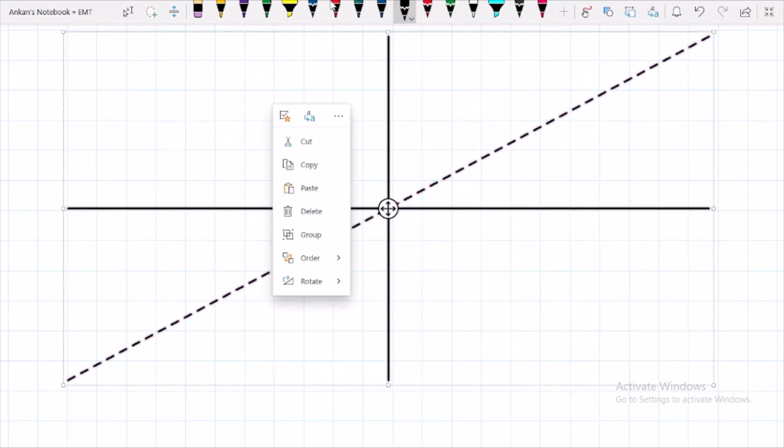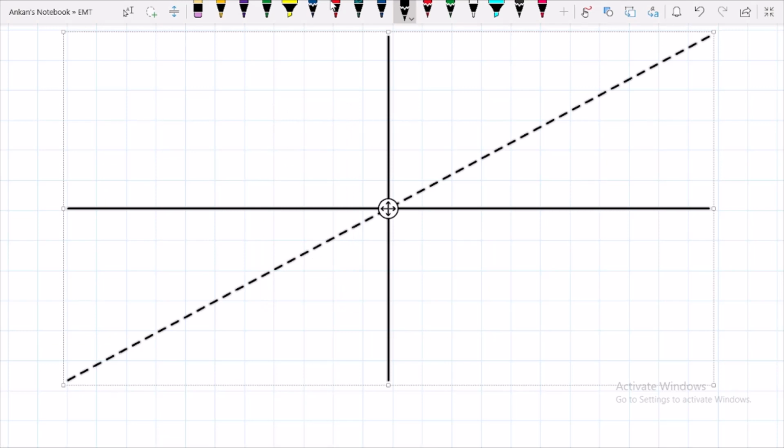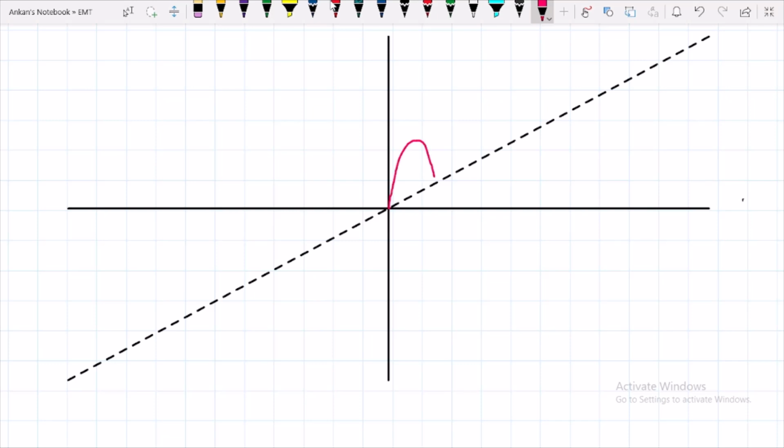Let me first draw the electric field. We take the plane wave solution, so the electric field will be like this, but it is attenuated, so the amplitude will get decreased by the way of propagation, like this manner.